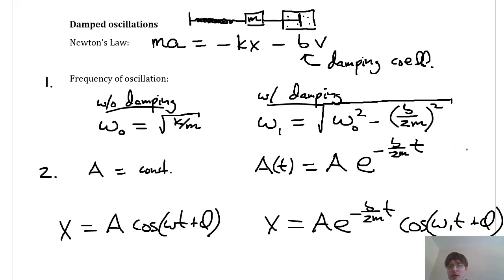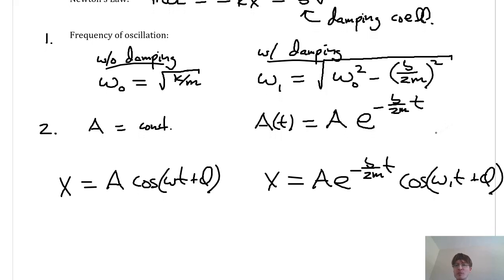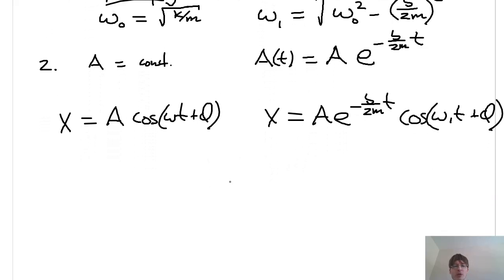So when does that happen? Well, I can tell that if b over 2m is equal to omega naught, then you'll have absolutely no vibration at all. We call that the critical value of b. Okay, so there are in fact three cases.